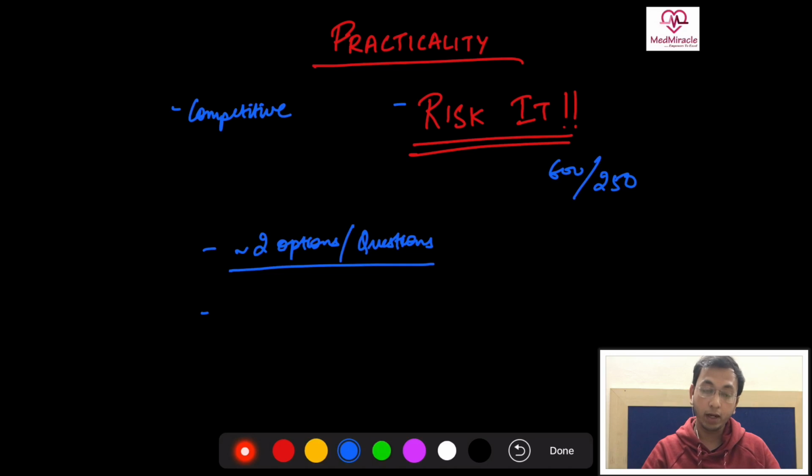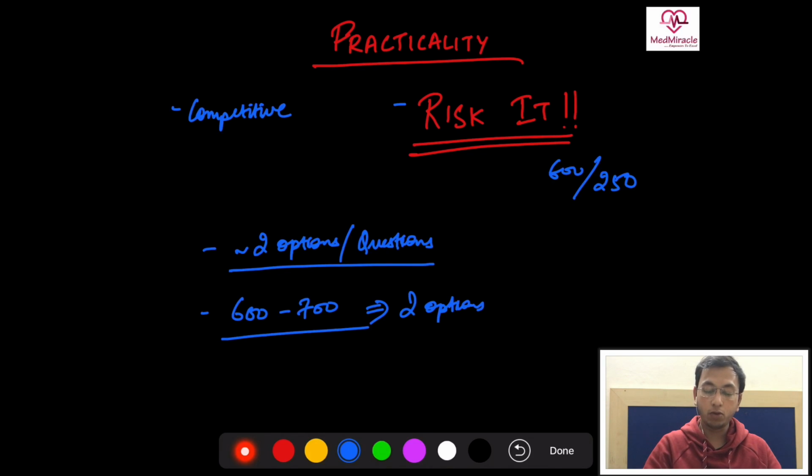So keep this in mind, that on average 2 options are correct in a question. And the second thing, if you ask any PGI ranker, the number of attempts that they give in a PGI exam is still going to be around this number only. So even this, the average will come out to be 2 options per question or even more than that.